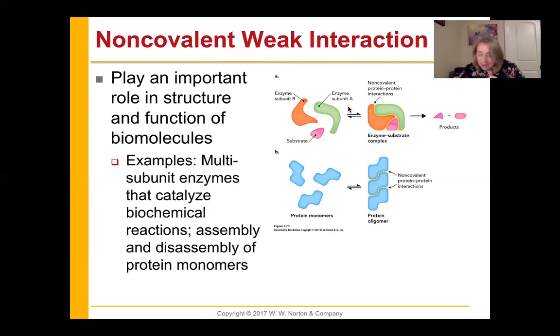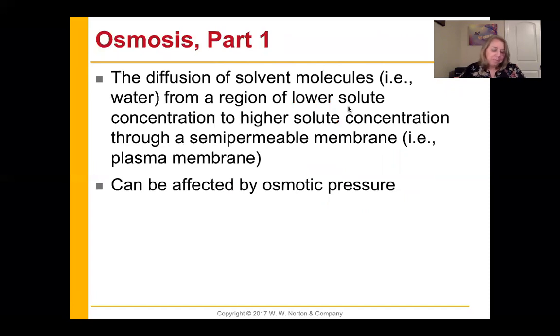All right. Okay, so then we're going to move on to osmosis. So if you think about a cell sitting inside of an environment, right? And inside any given solution, you have solvent molecules, that's water, and you have solutes, so any dissolved substances inside of that solution.